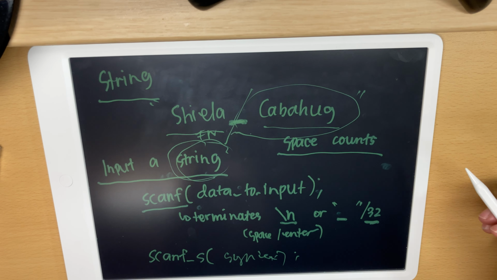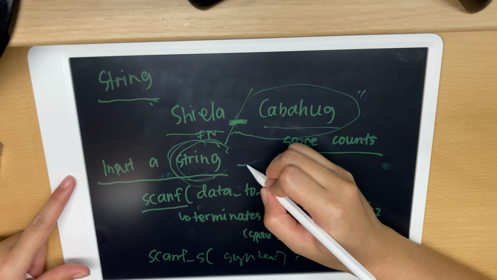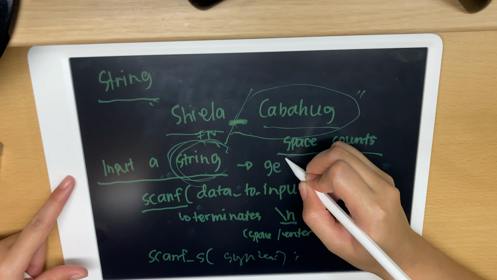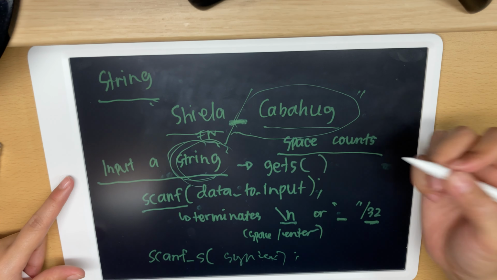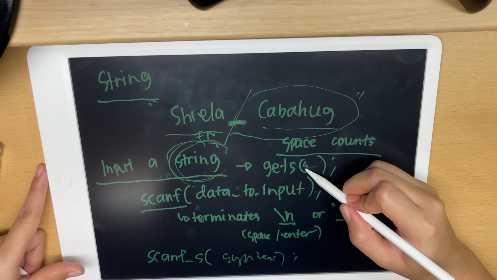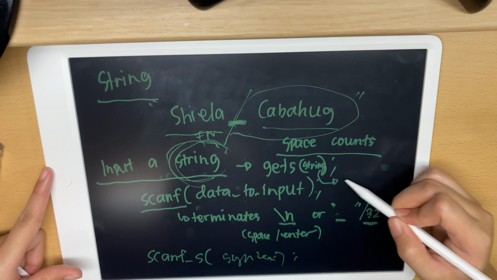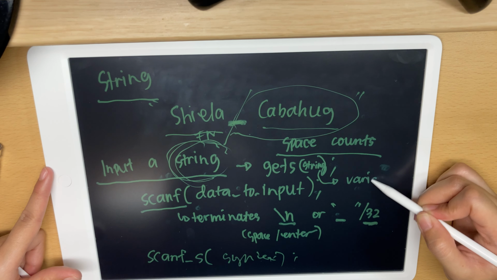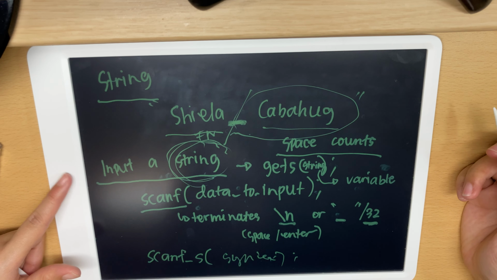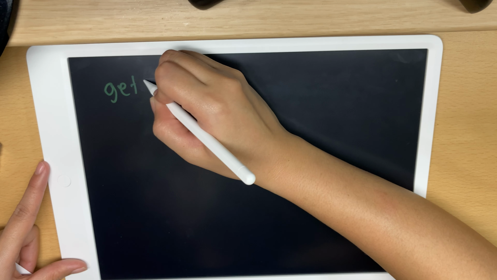Now, to make our life easier, we're gonna introduce a new predefined function, and that to input a string, we're gonna use the gets function. So gets is put this string here to input, and the string is just a variable. Okay, so the gets function.